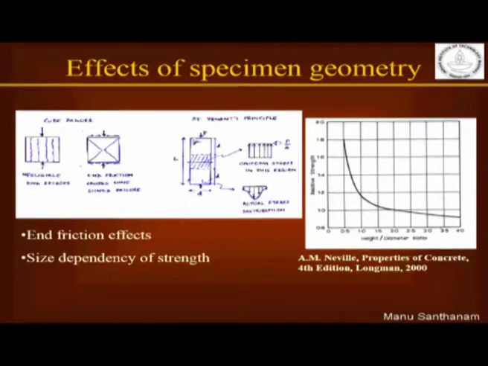Now imagine that you are loading this cylinder in between two platens, so there is friction at the top and bottom. What is this friction going to do to the specimen? The specimen is trying to bulge outwards. I will just show this to you in a diagram that I draw on the board.